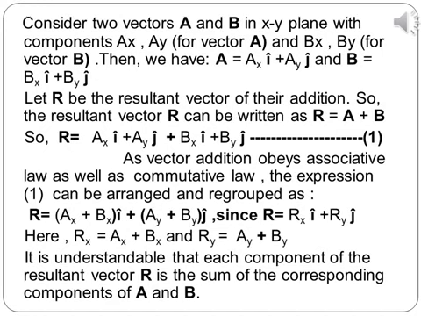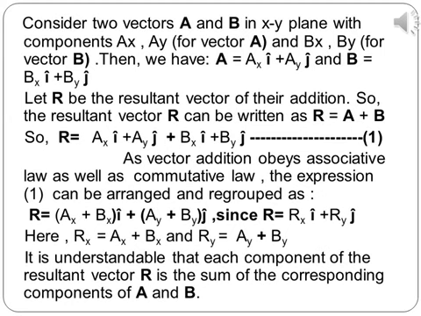Let R be the resultant vector of their addition. So the resultant vector R is written as vector R is equal to vector A plus vector B. So the resultant vector R is equal to Ax i cap plus Ay j cap plus Bx i cap plus By j cap, which is the expression 1.